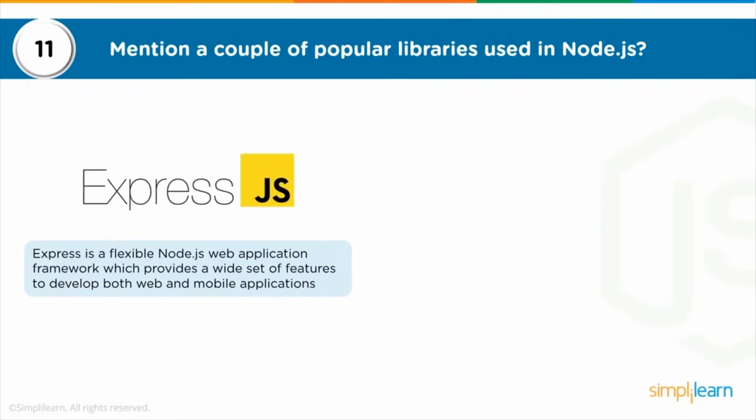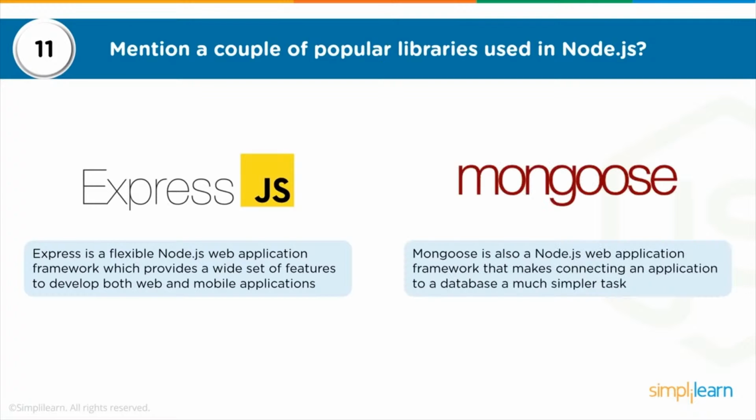For some of the other popular libraries you use with Node.js, Express.js is a very popular one. I really like working with Express.js. It allows me to build web applications really quickly. More importantly, it allows me to build APIs very quickly, and APIs are essentially web applications themselves. Being able to do that quickly with a framework like Express.js is very useful.